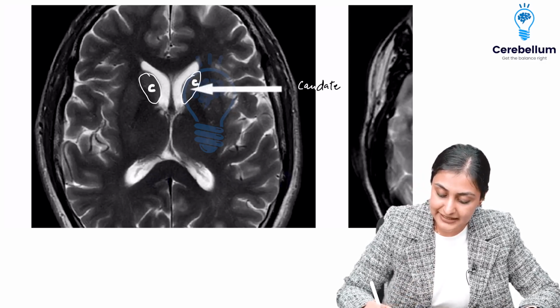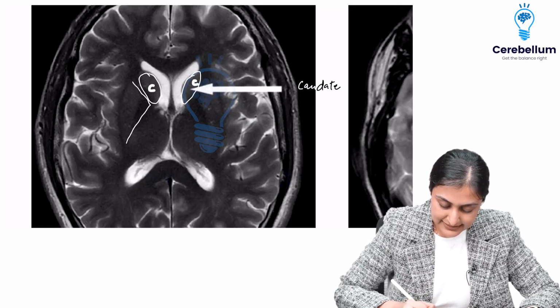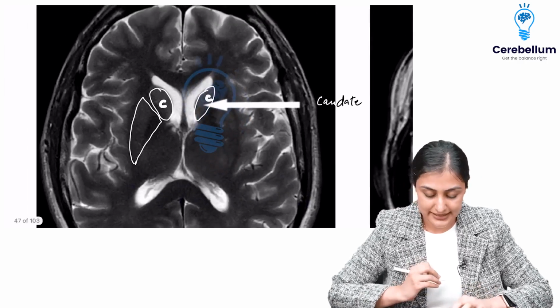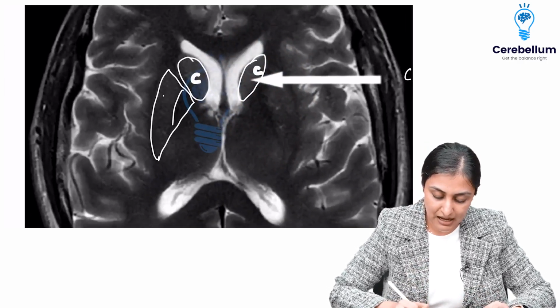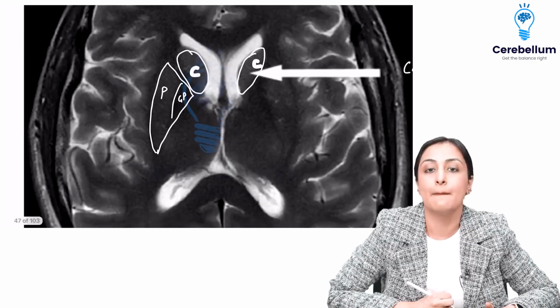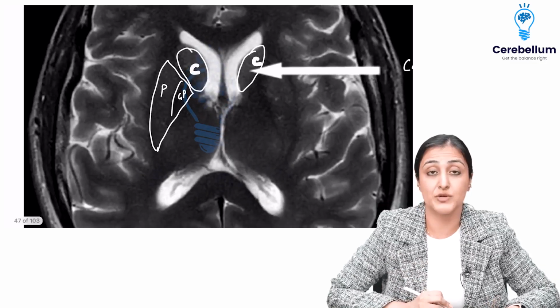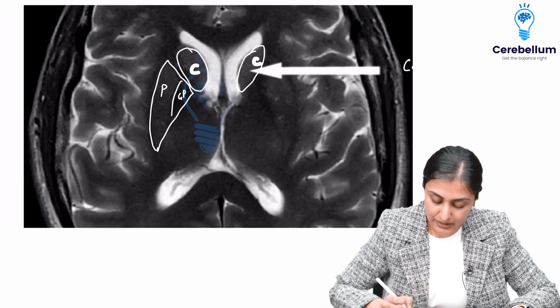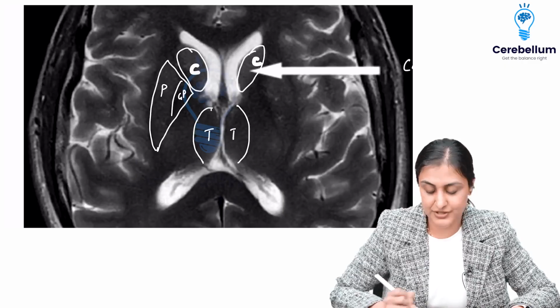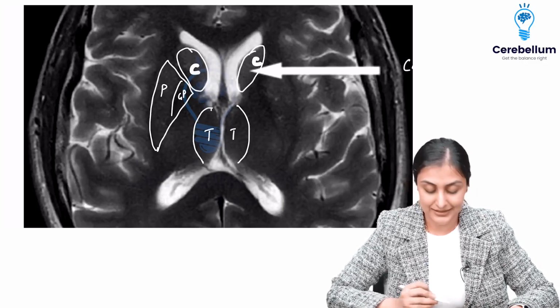Then what you can see here as this lens-shaped nucleus is the lentiform nucleus. In this lentiform nucleus, the outer part is putamen, the inner part is the globus pallidus. So putamen and globus pallidus make up the lentiform. On the two sides of the third ventricle, what we have is the thalamus.